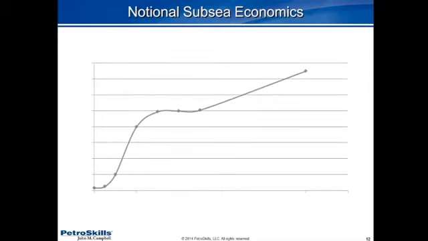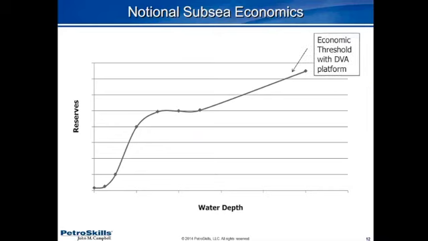So here we have a simple schematic that illustrates the economic drivers for a subsea system. One axis shows the water depth. The water depth is a big driver here. It generally reflects the cost of the host system.